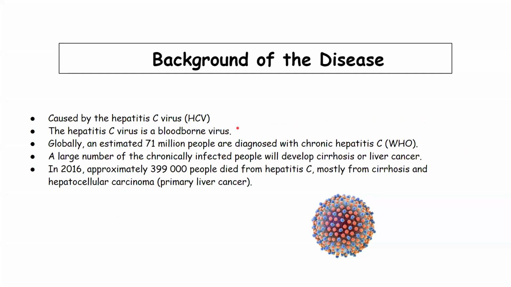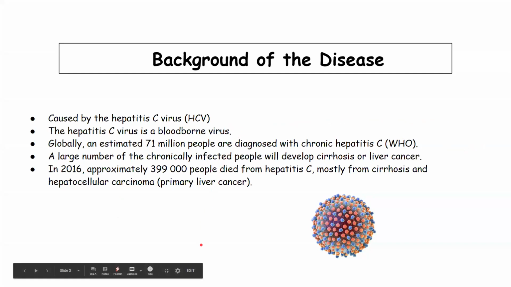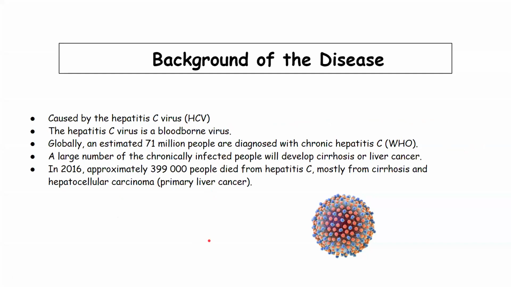Globally, an estimated 71 million people are diagnosed with chronic hepatitis C. A large number of the chronically infected people will develop cirrhosis or liver cancer.